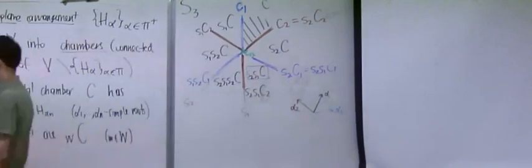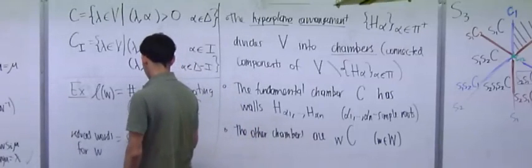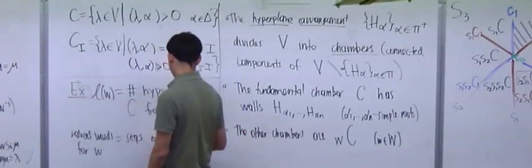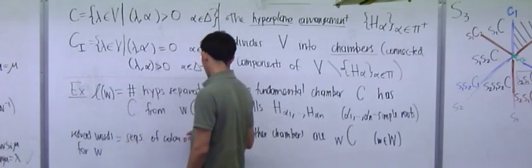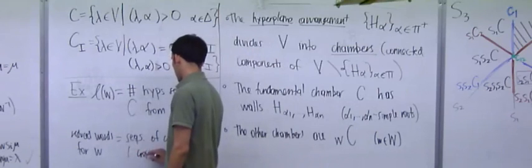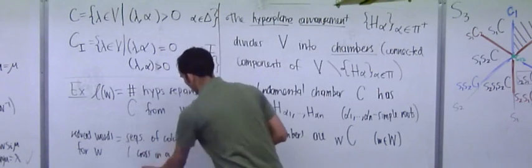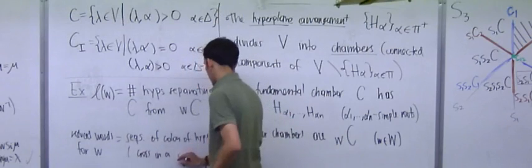So the reduced words for W are the sequences of colors of hyperplanes that I cross in a shortest walk from C to WC.